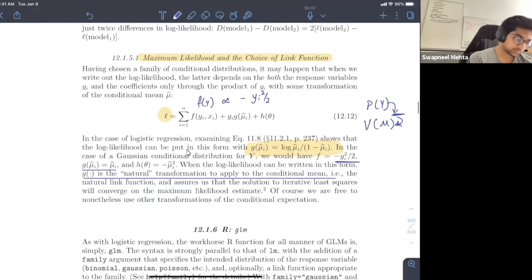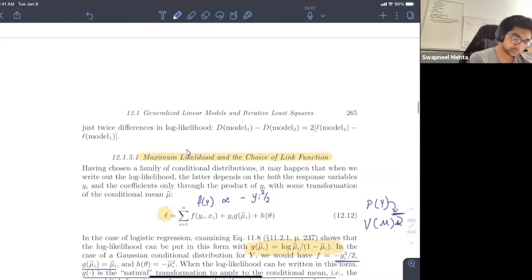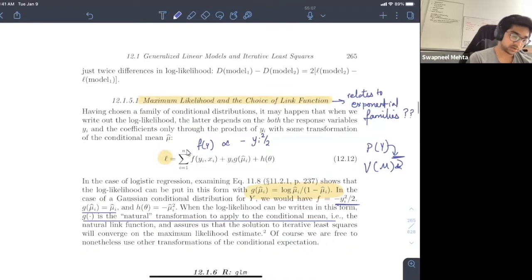So what I thought of originally was that this relates to exponential families that we discussed in chapter 11, but again, I'm not sure. So I add question marks there.